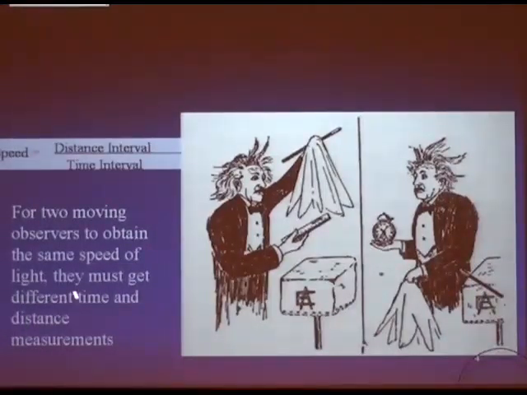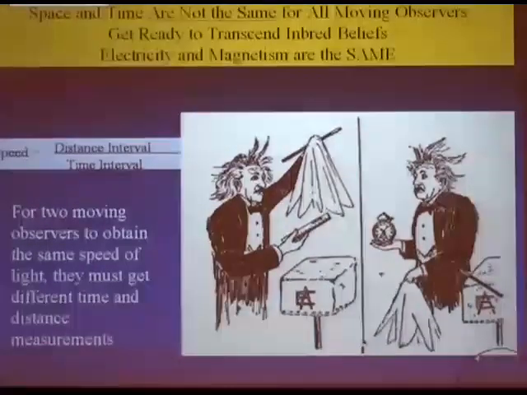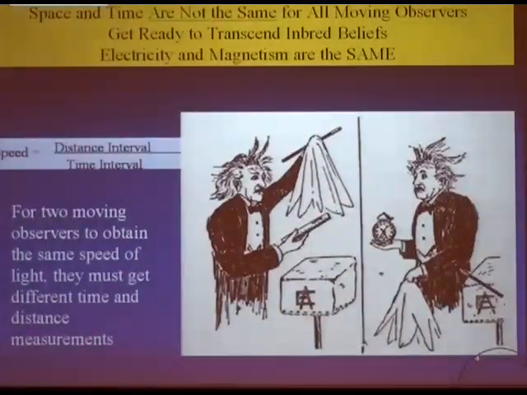And the reason he did that was because he knew that speed equals distance interval over time interval, and in order to get the same speed for a moving observer and for an observer at rest, he would have to change distance and time. And that was the idea. So space and time are not the same for all observers, which really contradicts our inbred belief that space and time are the same for everyone.